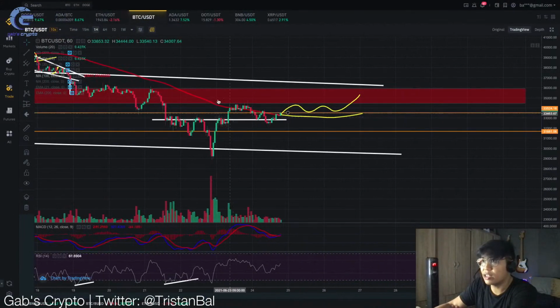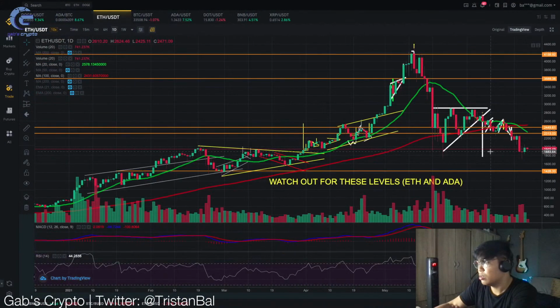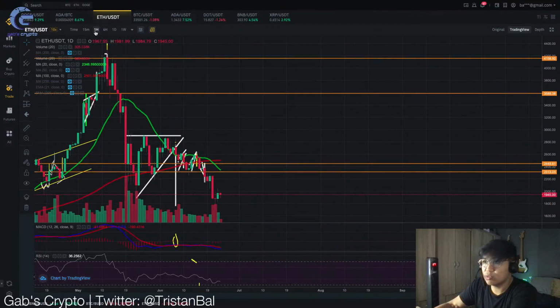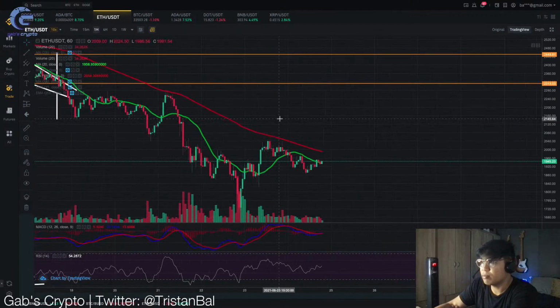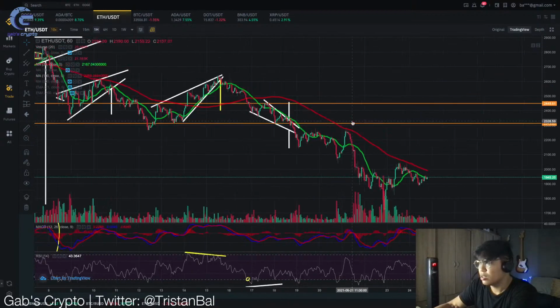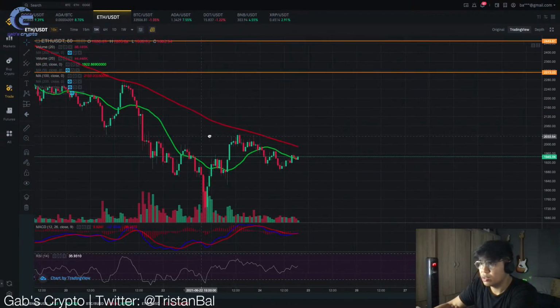So let's try to look at an example with Ethereum. This is Ethereum. Let's look at Ethereum in the early time frame. Let's choose a pump area.